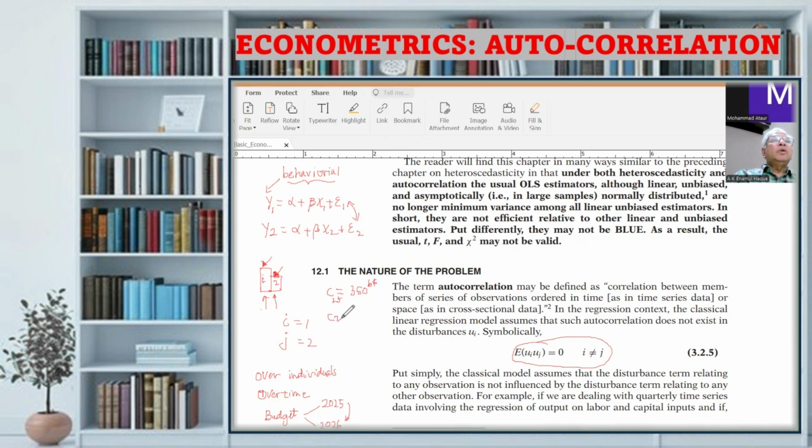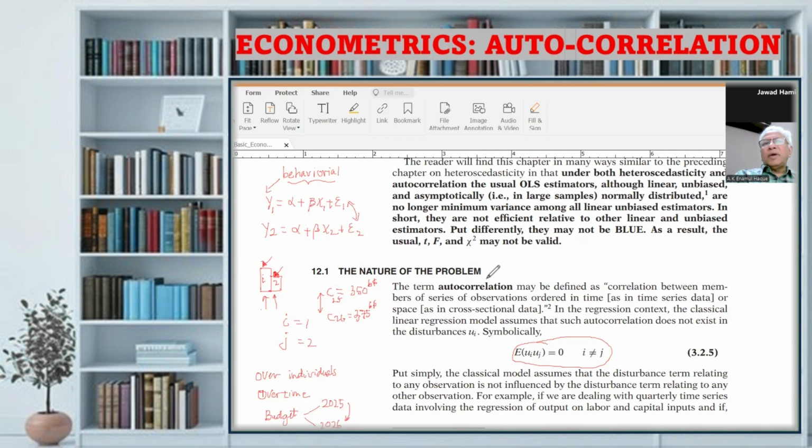What do you think? In 2026, will it be less than this or more than this? More than this, probably. So you think about 275, just an example. But what I'm trying to tell you is that sometimes these are very correlated. Your behavior today and your behavior tomorrow are correlated.